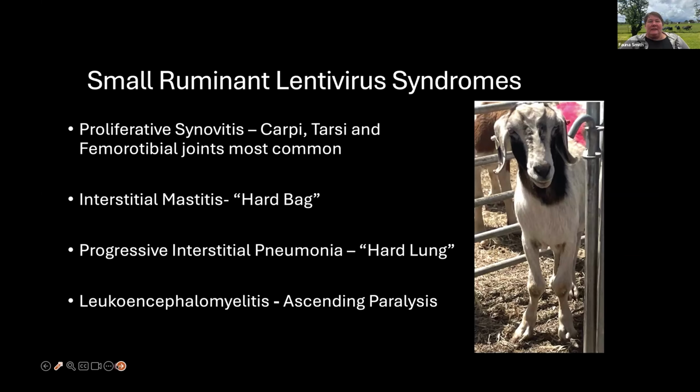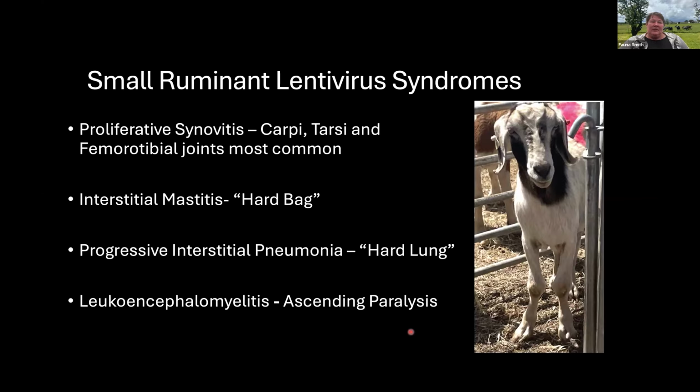We do tend to see the carpi. You can see in this doe the classic big knee CAE animal. Carpi are by far the most easily seen and appreciated by a producer, but it can happen in other joints.